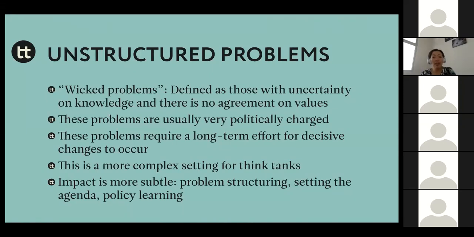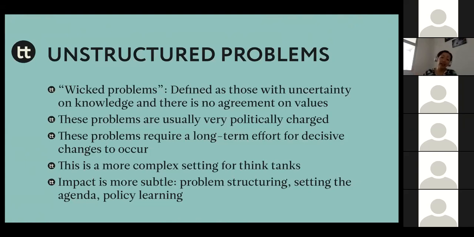When we are thinking about unstructured problems, we are very far from finding a solution, right? So what that means is that we really need to have a long-term perspective for change to occur. And when we're thinking about the impact that we can have when we are working in unstructured problems, the impact is more subtle.